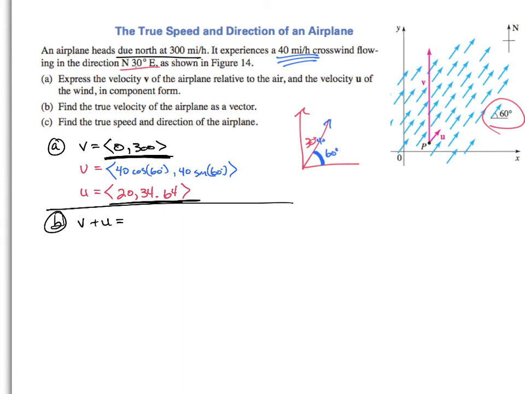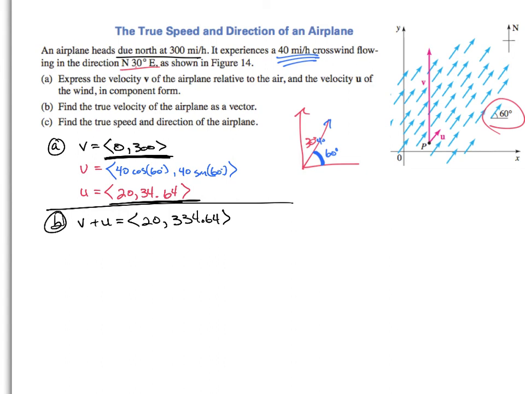So I have 0 plus 20, which would end up being 20. And then my vertical component, 300 plus 34.64, so I'd end up with 334.64. And so that would be my vector of my airplane with my wind happening on it.